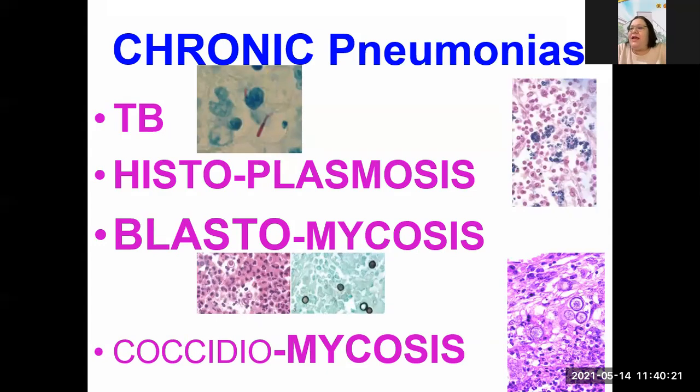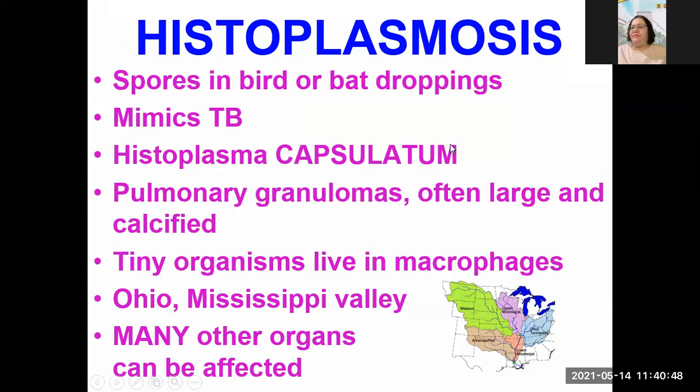Okay. So looking at these photos of the microbes that I mentioned, the TB, histoplasmosis, blastomycosis, coccidioidomycosis. You have your histoplasmosis here. Histoplasmosis can be gotten from spores in bird or bat droppings.